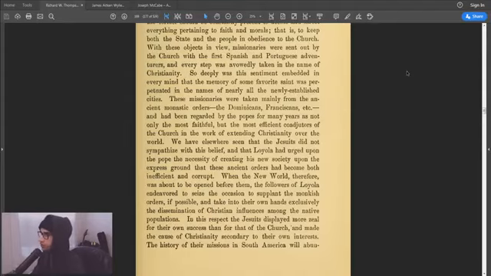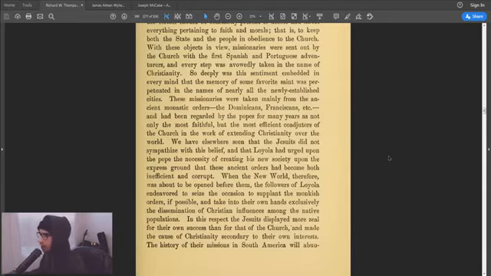We have elsewhere seen that the Jesuits did not sympathize with this belief, and that Loyola had urged upon the Pope the necessity of creating his new society upon the express ground that these ancient orders had become both inefficient and corrupt. When the New World therefore was about to be opened before them, the followers of Loyola endeavored to seize the occasion to supplant the monkish orders if possible, and to take into their own hands exclusively the dissemination of Christian influences among the native populations.